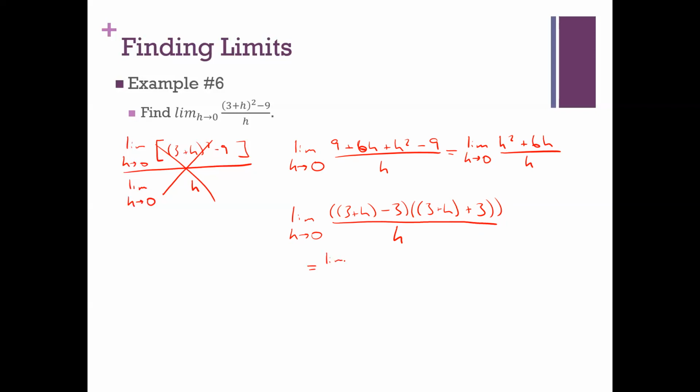I believe this left hand bracket just becomes h, right? So do we agree with this? So this is the limit as h approaches 0 of 6 plus h, which you will probably recognize the one up top will do the same thing if I factor out an h.